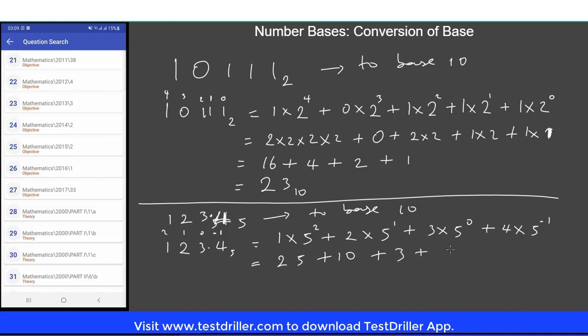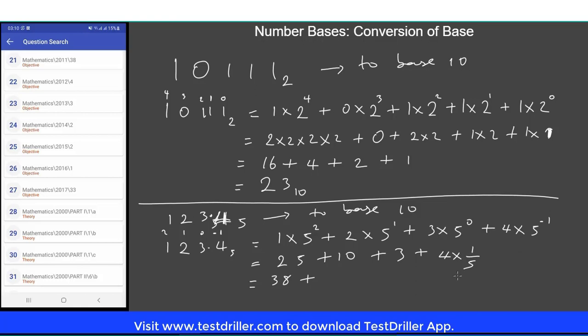So this is the part that is a bit interesting. So this will be 4 times 5 raised to the power minus 1, which is equivalent to saying 1 over 5, right? So this gives you 25 plus 10, that's 35, plus 3, that's 38. Then plus 4 over 5.